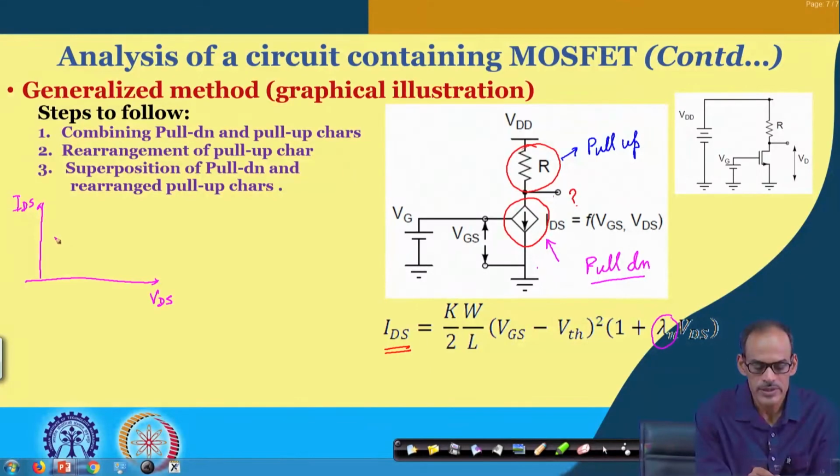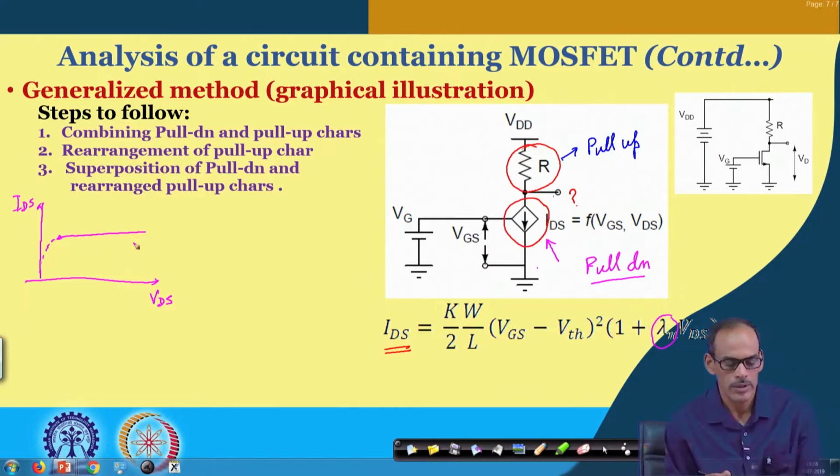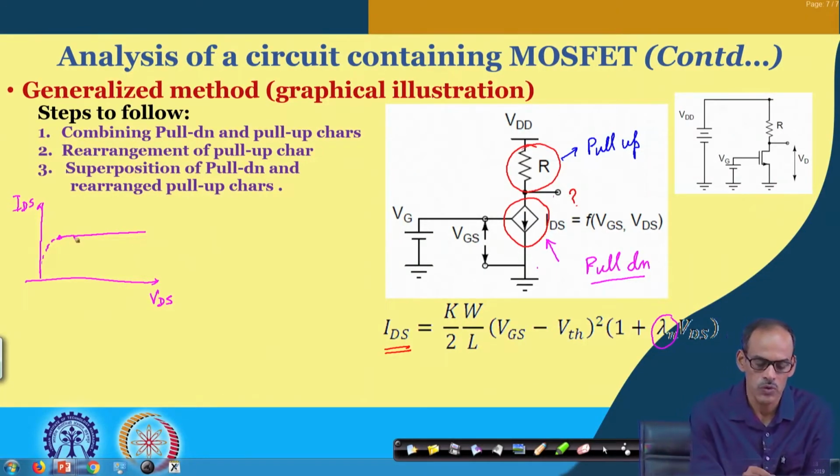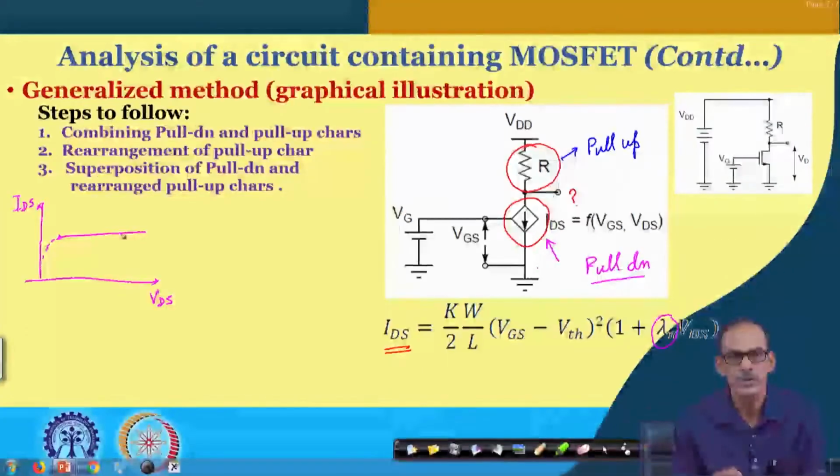So, we can say this current is practically independent of this VDS, assuming that pinch off is happening, that means we are not entering into the triode region, we are keeping the device in the saturation region. So, this portion is the saturation region, which is equivalent to the active region of operation of BJT.